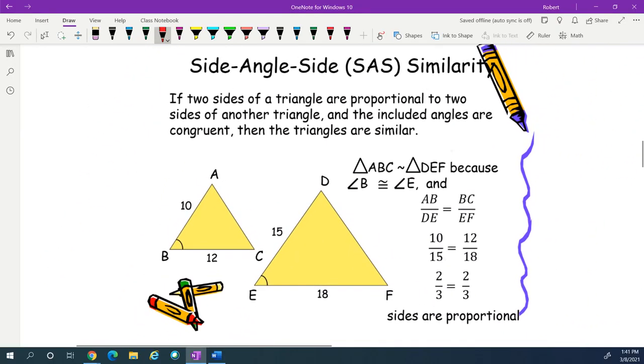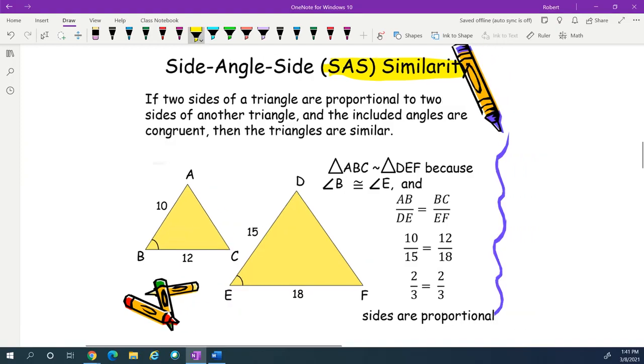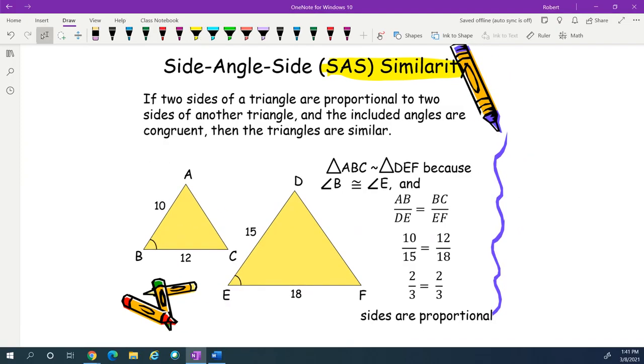And next we have SAS similarity, side angle side similarity. So two sides are proportional and the angle between them is congruent. And you can see the work here. We're testing AB and its corresponding side DE with BC and its corresponding side EF. Since they both have the same scale factor, we know that they are proportional.